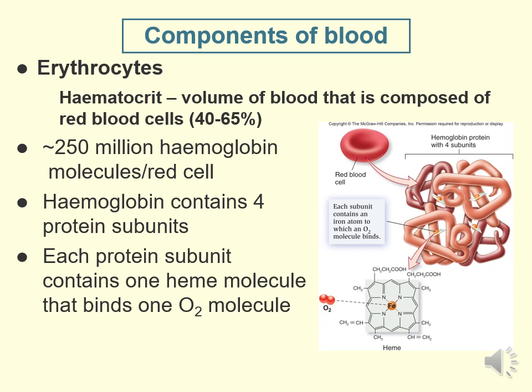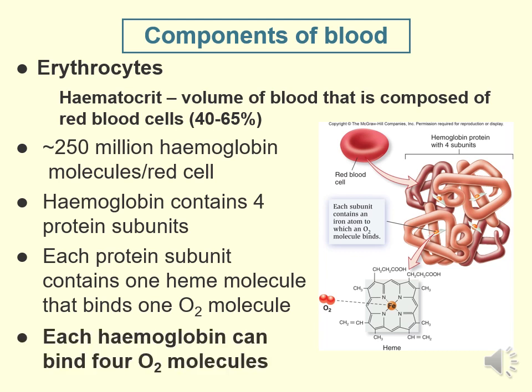It also contains a molecule called heme, and you can see from the diagram here the heme molecule with an iron atom at the centre of it, and it's this iron that binds the oxygen molecule. So the heme part of the hemoglobin is what actually binds the oxygen. Each hemoglobin molecule can bind four oxygen molecules, and if you do the maths with 250 million molecules of hemoglobin per cell, you can get an idea of how much oxygen can be carried within a red blood cell.